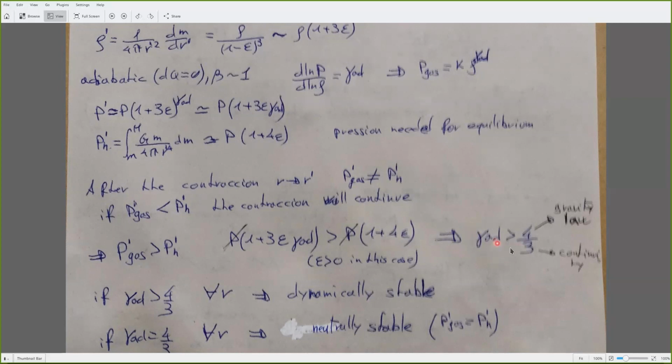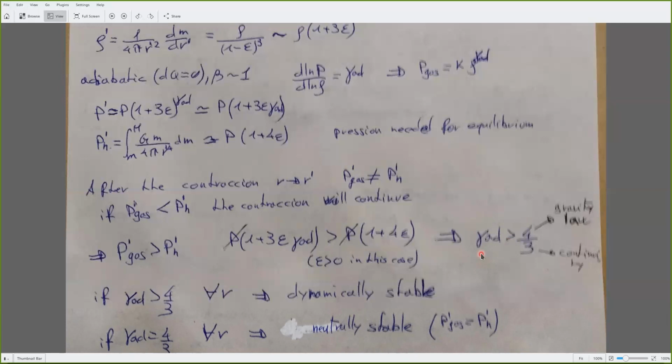We saw before that this value can also be connected with other kinds of instability, essentially the thermal instability.